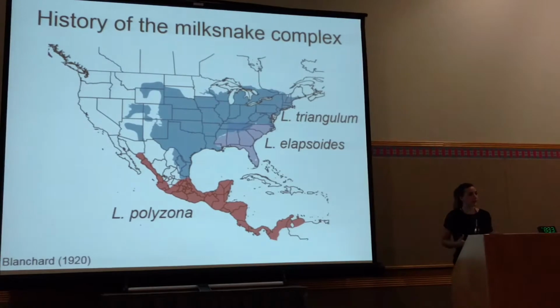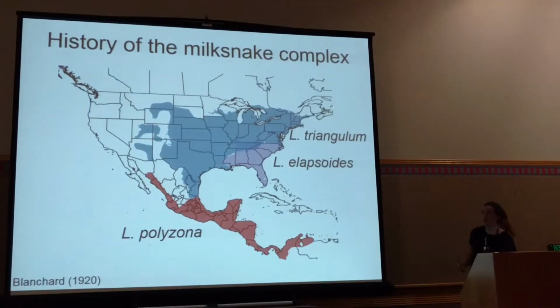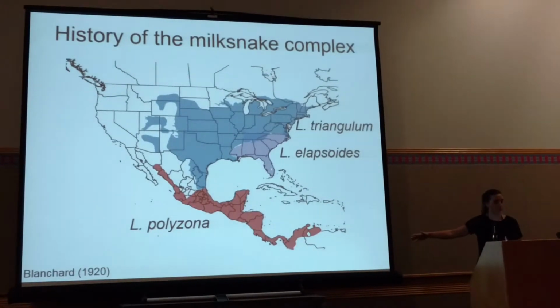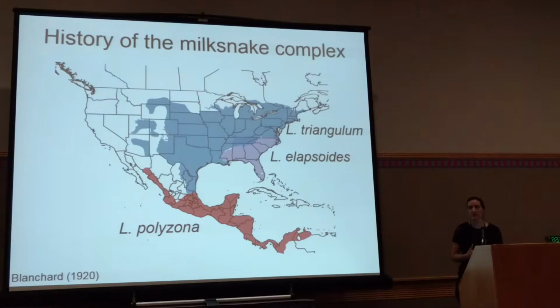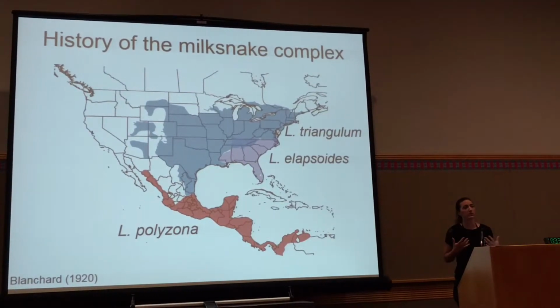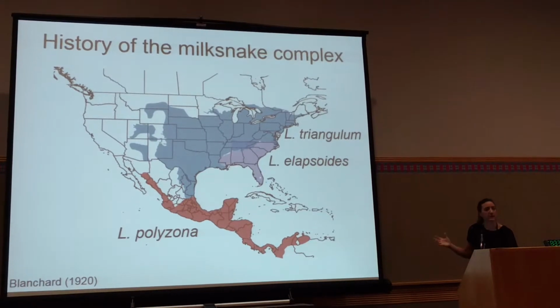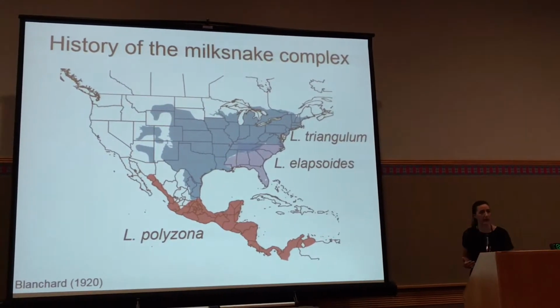Other authors, like Blanchard, have proposed that the complex consists of 3 species, including polyzona, here in Central and South America. And it's important to note that based on our analyses of the existing literature, in terms of morphology, life history, and behavior, this seems to be the hypothesis that goes along with those data.